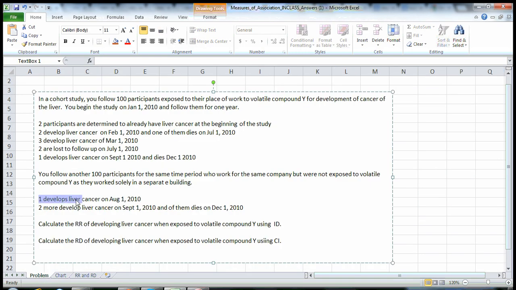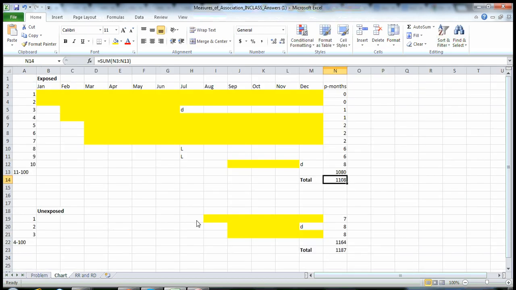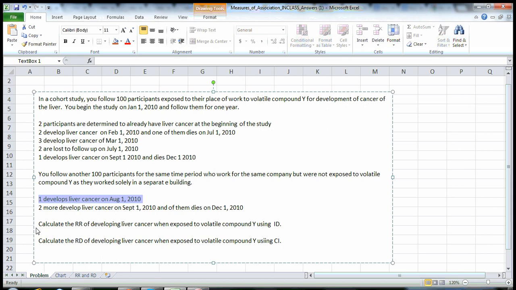We have 1 who develops cancer on August 1st. So here's our individual who developed cancer on August 1st. They contributed 7 person months of follow-up. Then we have 2 more who developed cancer on September 1st, and one of them dies on December 1st.